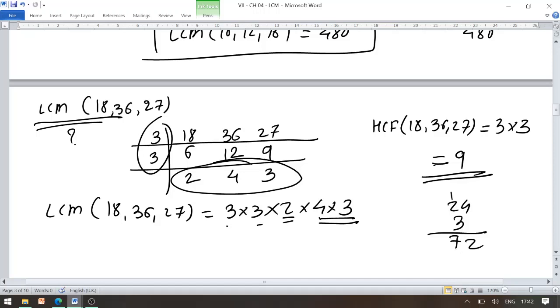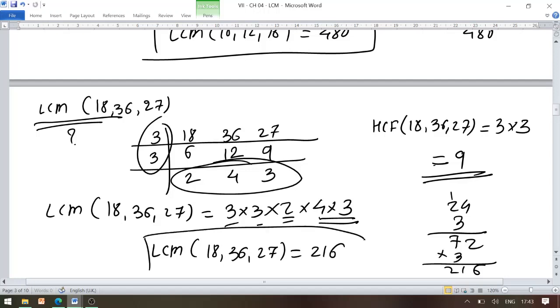Now 72 threes we have to evaluate. 3 twos are 6, 7 threes are 21. So the LCM of 18, 36 and 27 is 216.